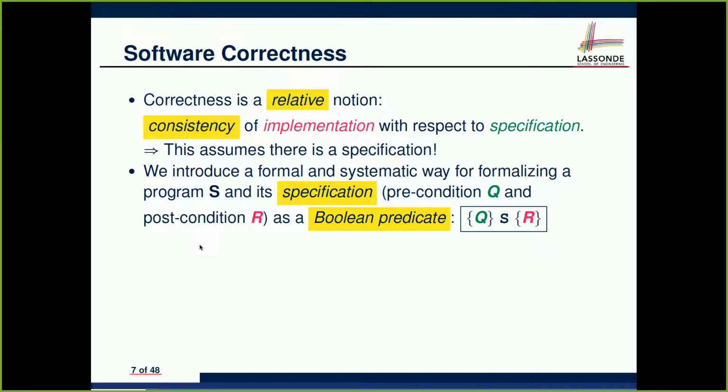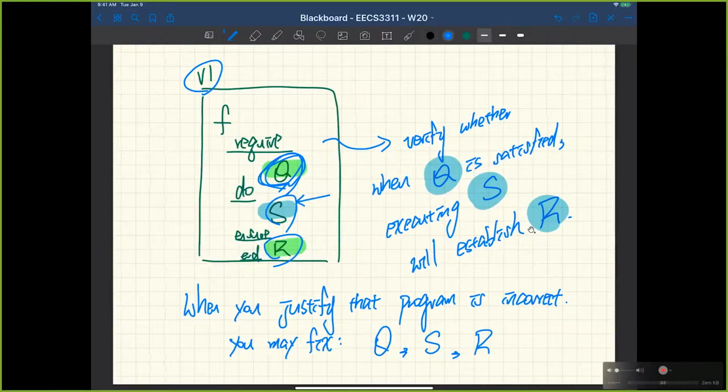In order to do some systematic calculation for proving the correctness of your program, you have to learn a little bit about the notation. The notation you have to know for the rest of this lecture is this notation here. You see curly brackets and also curly brackets. Let me show you exactly how to do that.